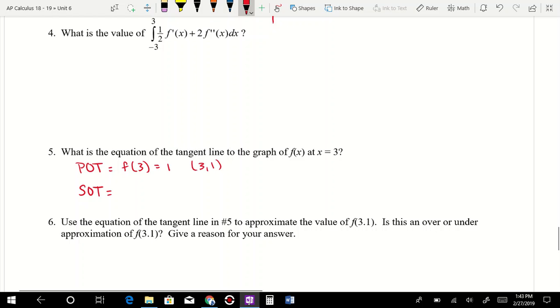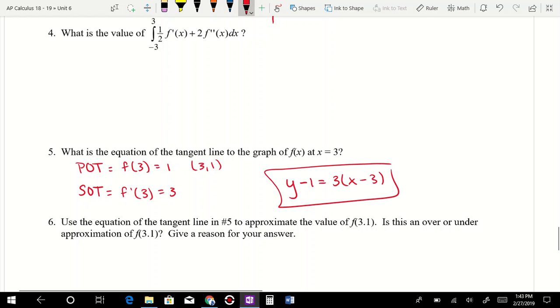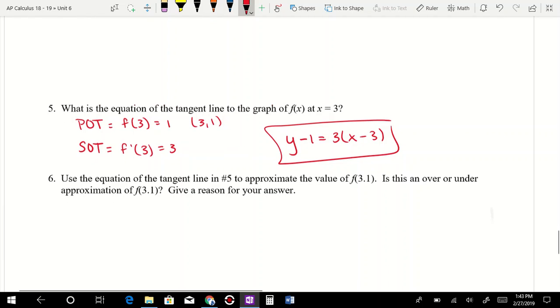And slope of tangency we find by plugging in 3 into our first derivative. So our slope of tangency is 3. So our final equation is y minus 1 equals 3 times x minus 3. Just a little bit of review from previous units.